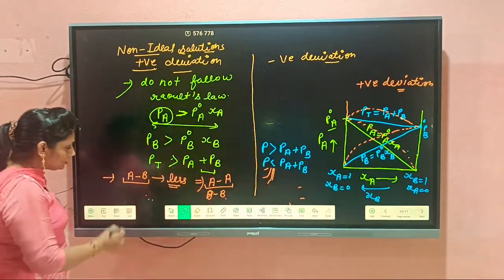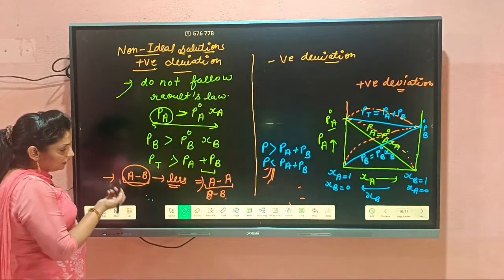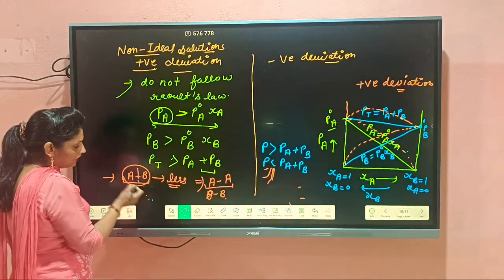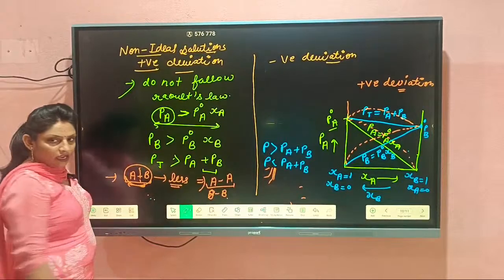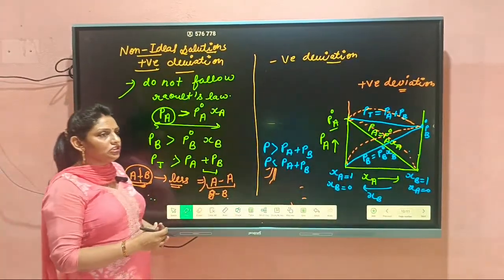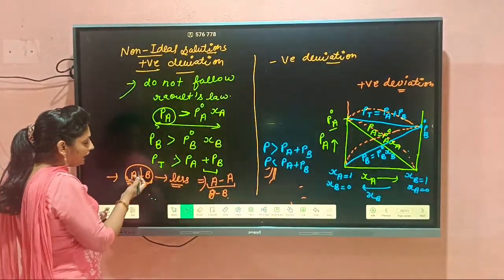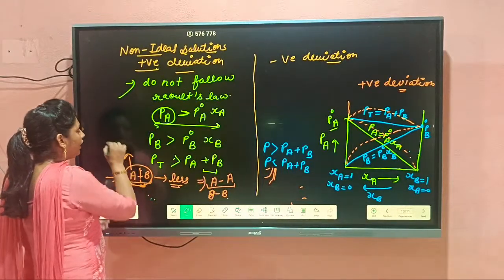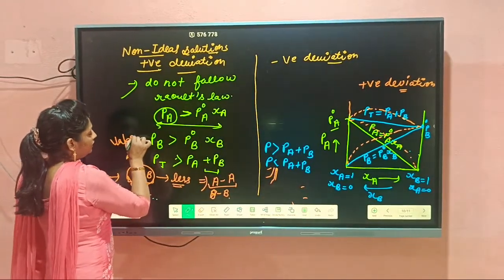Because this interaction is less, we need less amount of energy to break this bond. And if we need less energy to break this, they can be converted into vapors easily.